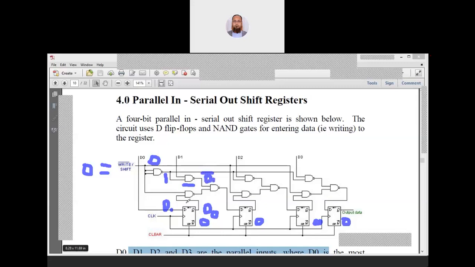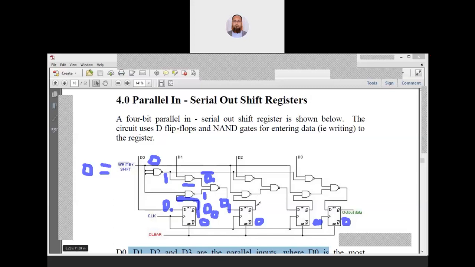Before that, what was the input available here? It was 0. 0 will flow here, and D0 is coming from here. So 0 into D0 complement is 1. So 1 into D1, the output is D1. So here it is coming D1.